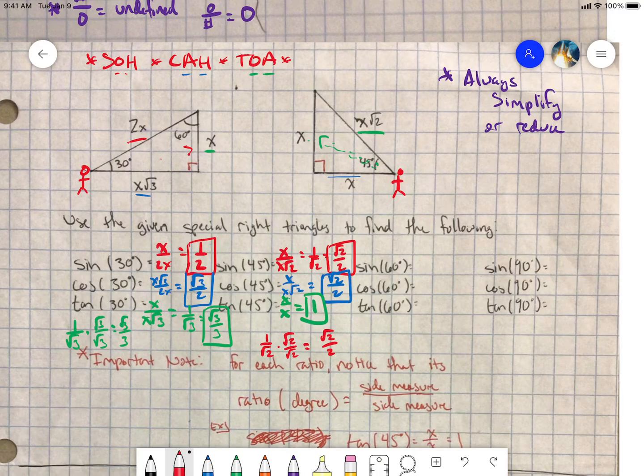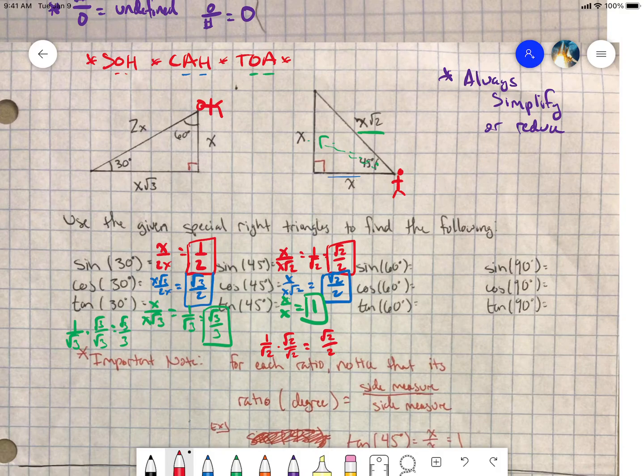All right, let's go sine of 60 now. So we're going back to the 30, 60, 90 triangle, except we're standing here looking in. Okay? What is sine of 60 degrees? X rad 3 over 2x.